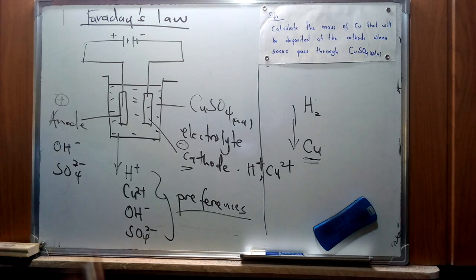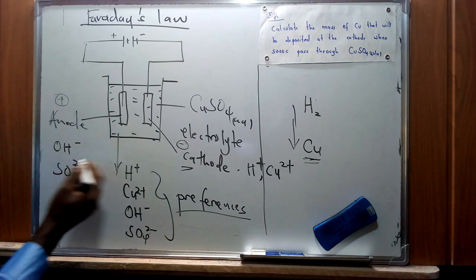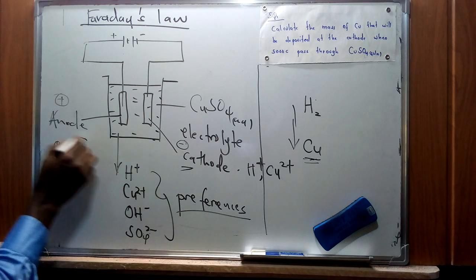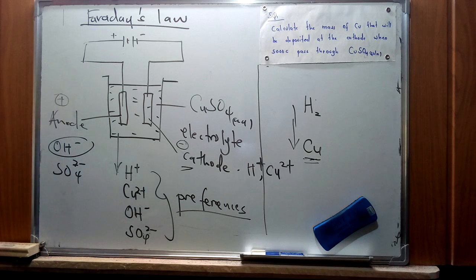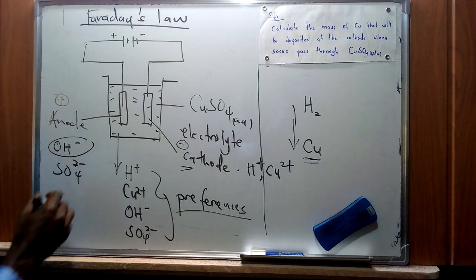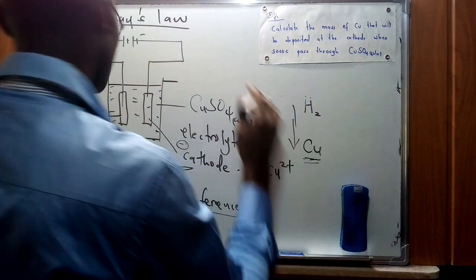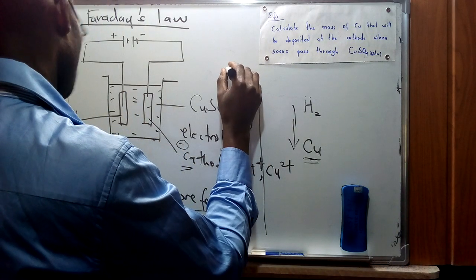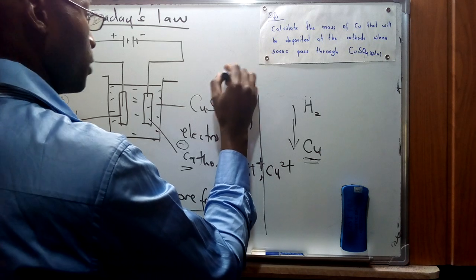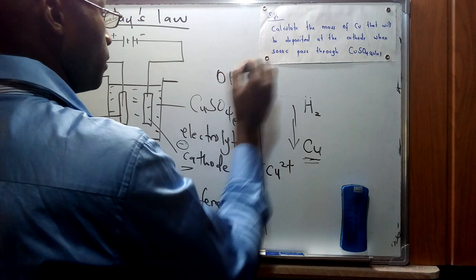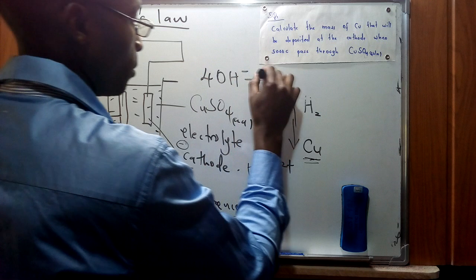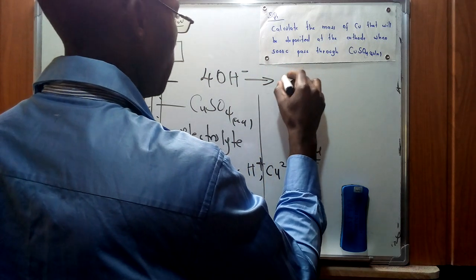Now, respectively, on the positive plate, we are going to see the formation of oxygen gas, which of course results from the hydroxide ions, which are going to lose electrons.